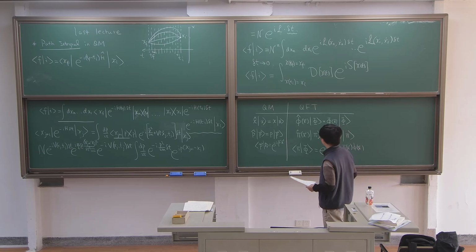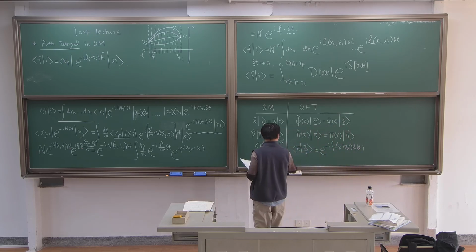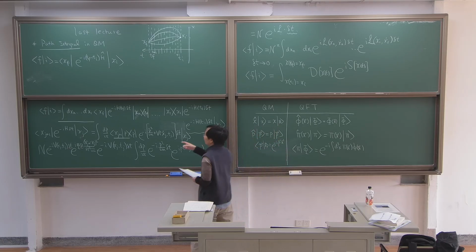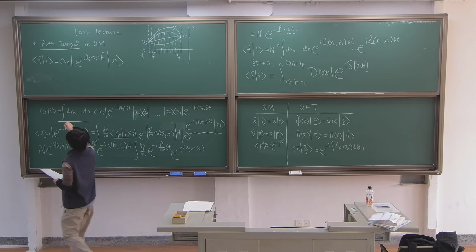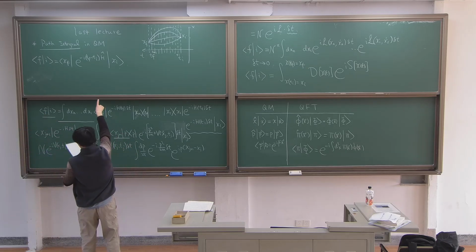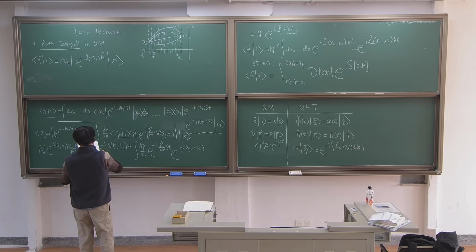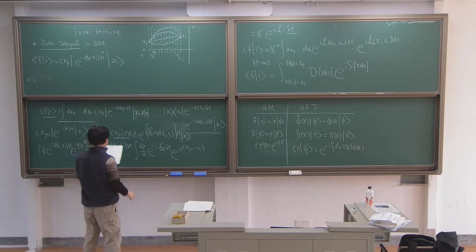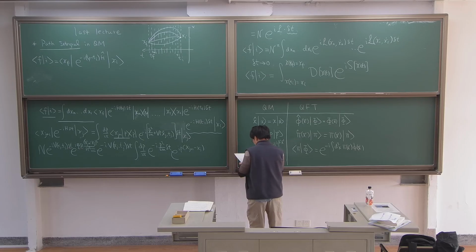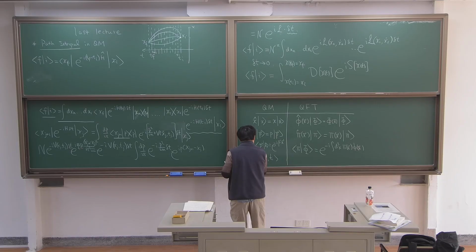Now with this in mind, the last one. What should we compute? That's the question. Here in quantum mechanics, what we compute is this one, right? What is this? This is the overlap between the xi, ti with the xf and the tf.